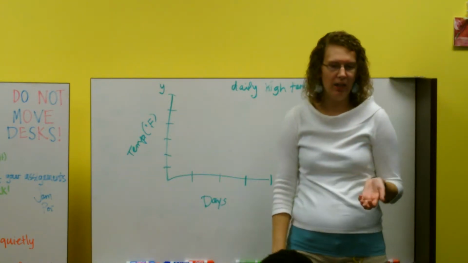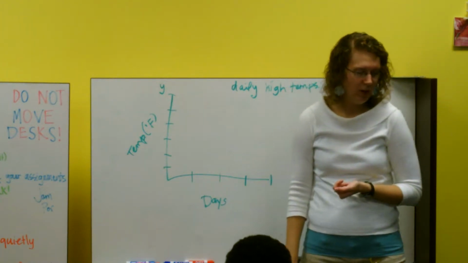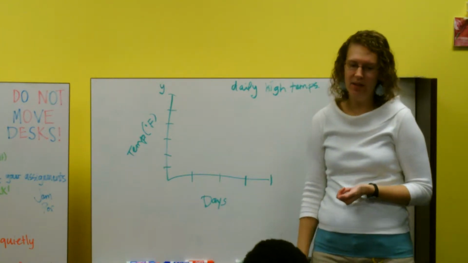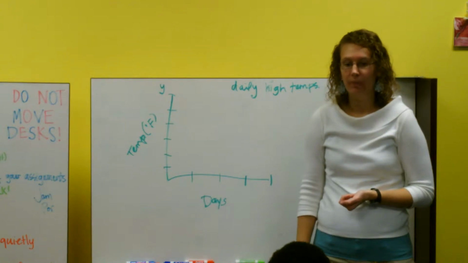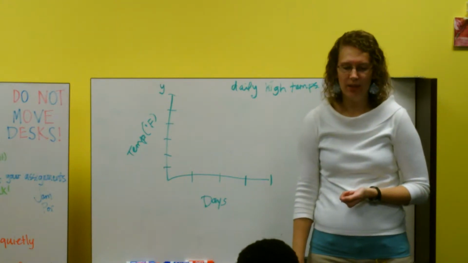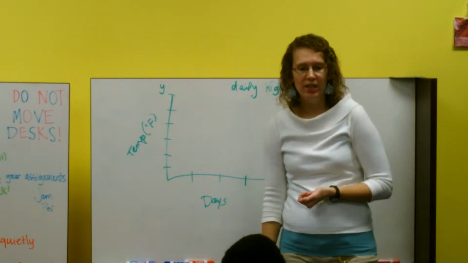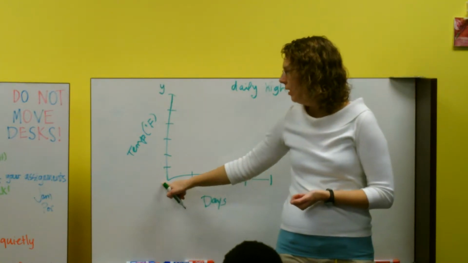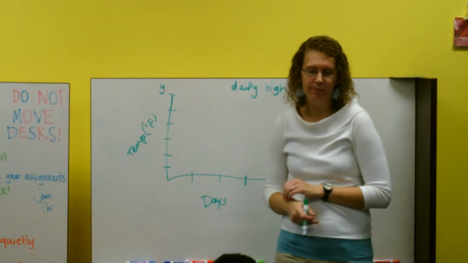So where do they start in their graph? Where does their y number start counting? Not at 0, but at, eyes on the book please, not on the back. Figure out what it's asking us. Where does it start? Not at 0, but at what on the y-axis?